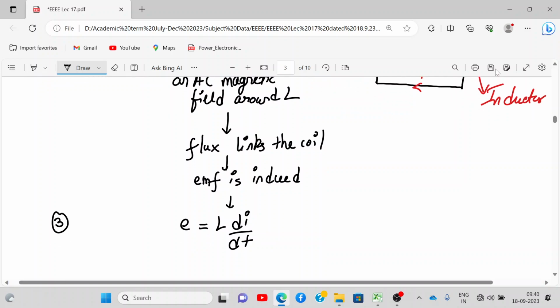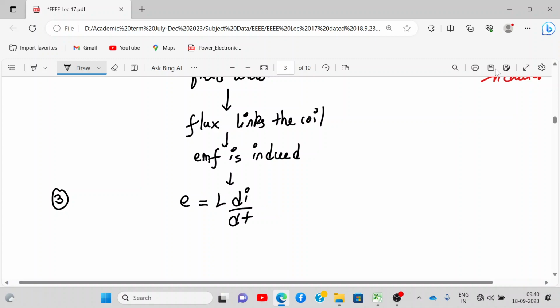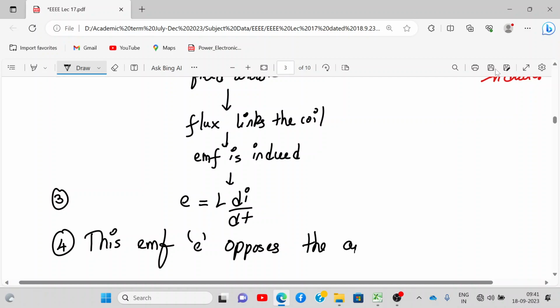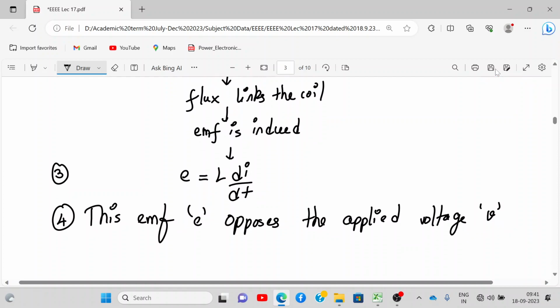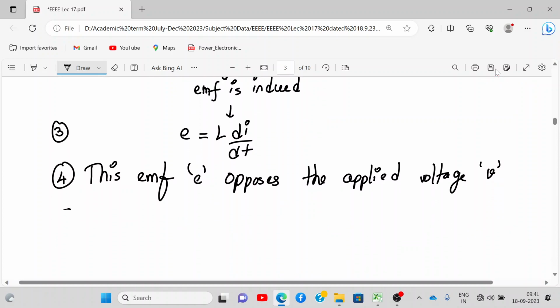This EMF E opposes the applied voltage V. So we can write this EMF E opposes the applied voltage V. So what will V be given by then?